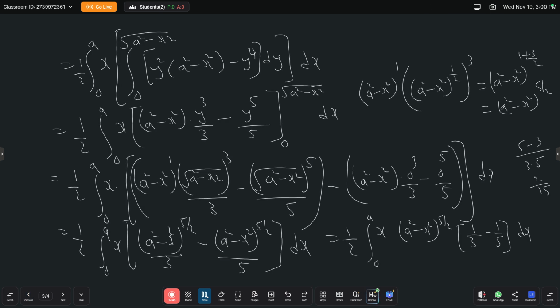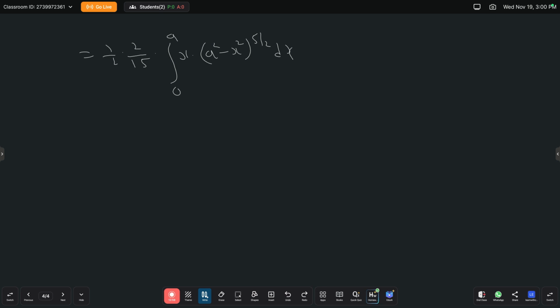Okay, here 1 by 2 is constant, 5 minus 3 has value 2 by 15. So 2 by 15 into x into a square minus x square to the power 5 by 2 into dx. Now we have to finally integrate this one with respect to x. To evaluate this one, I am taking a square minus x square is equal to some t square.